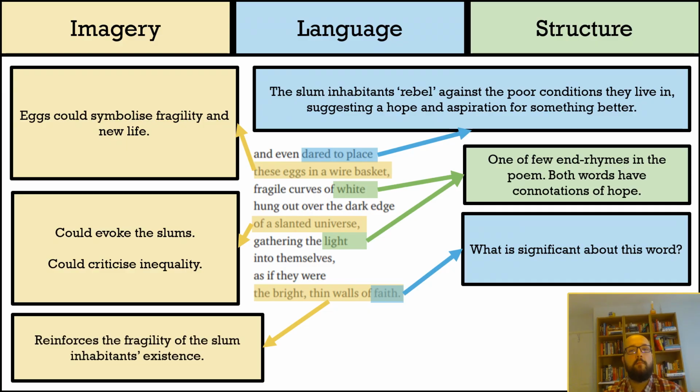The image "bright, thin walls of faith" reinforces the idea of the fragility of the existence of the people that live in the slums. I mean this in a number of ways. The slums are not structurally sound and could collapse at any moment.